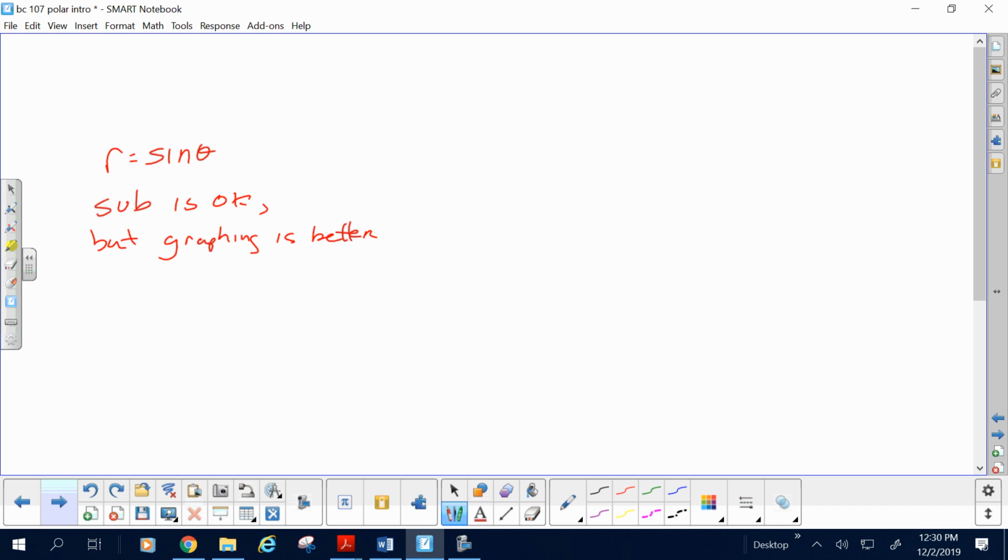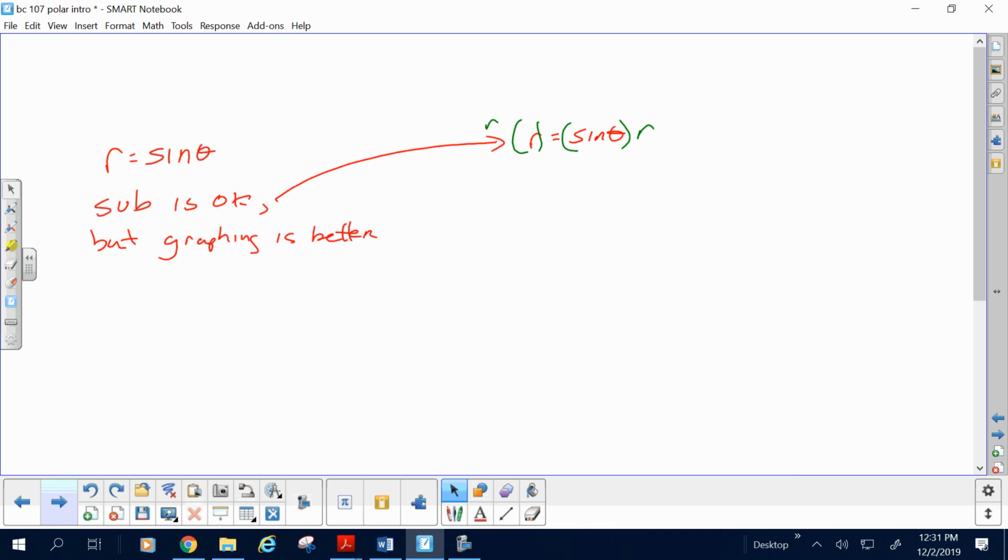If you did this by substitution, this is kind of like the problem where I said you want to have r's on both sides, so this is not just sine theta, but r sine theta. Remember how we just said multiply through by an r because it helps you? Remember that 20 minutes ago? And that gets you r squared is r sine theta. What's the left side?